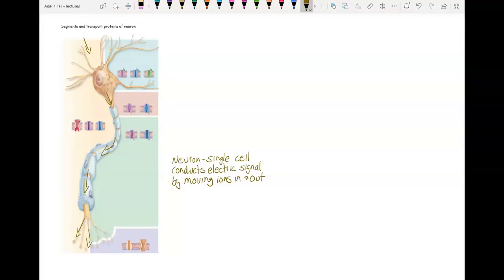Over on the right, it's color-coded by region. So we have the blue, the pink, the green, and the purple show us the different segments of a neuron. So we're going to go through and look at each of those. The top one here is the receptive segment.